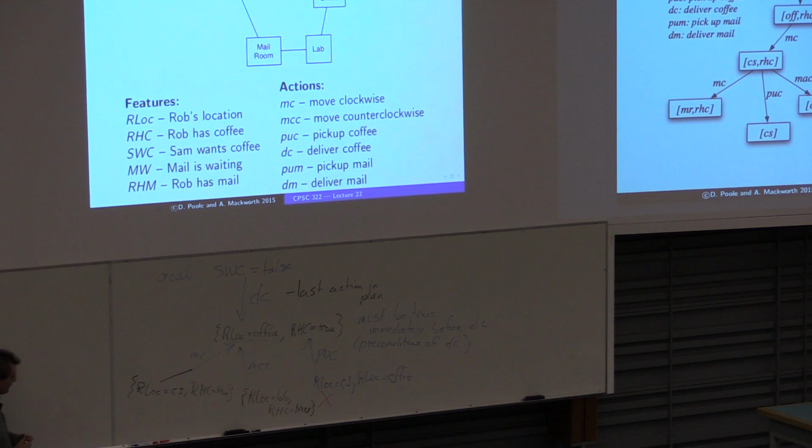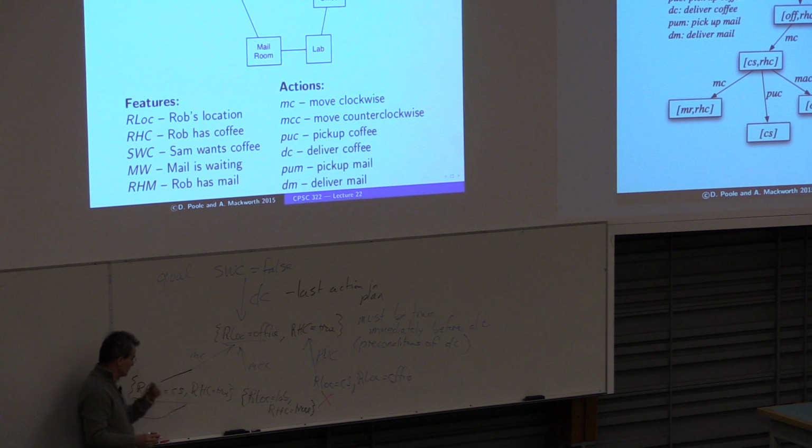So let's pick one of these. Which one should we pick? Well, it's just a search space. We're going to search dumbly. So now we're going to pick one. Let's pick this one. What actions could achieve location is CS? How could we achieve this? We want to achieve one of these things, right?